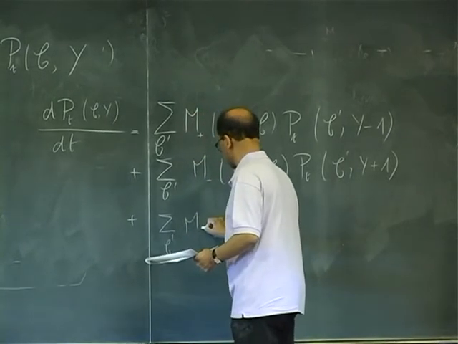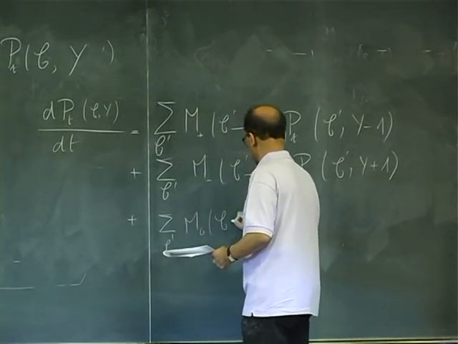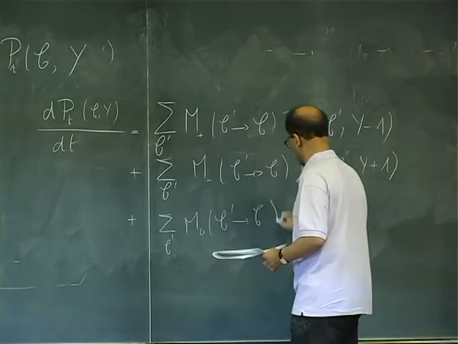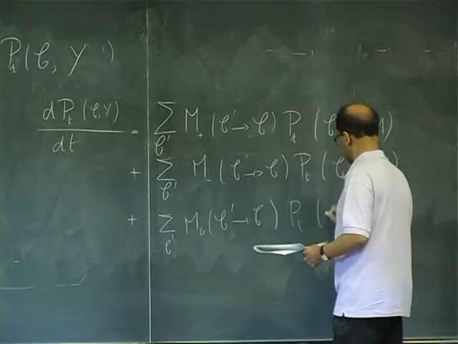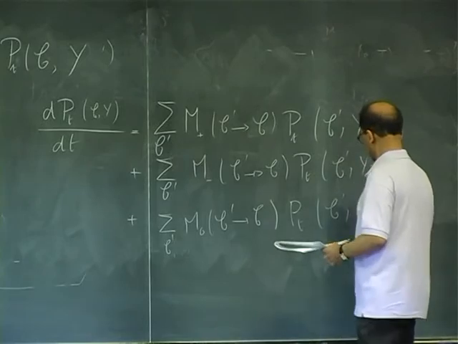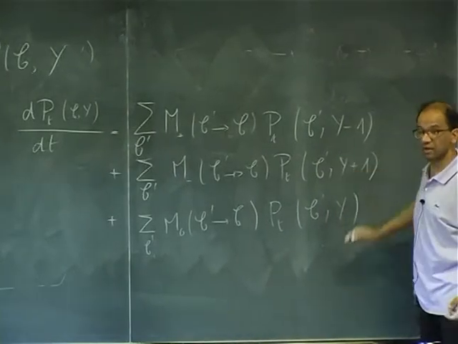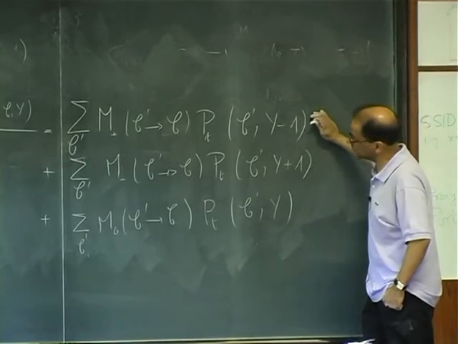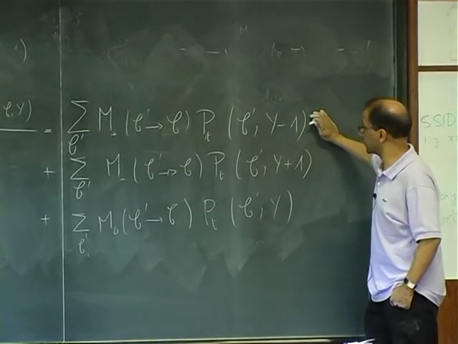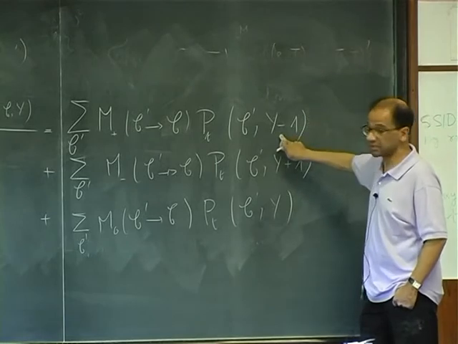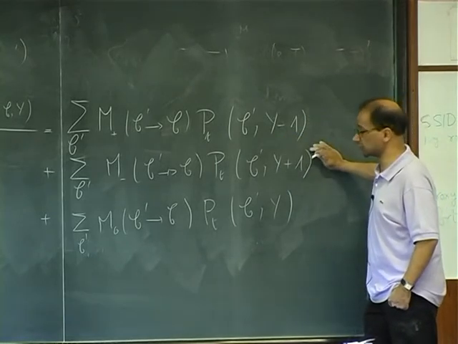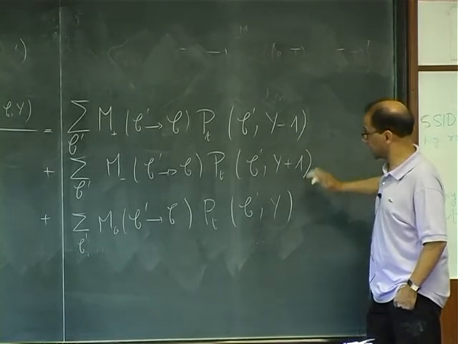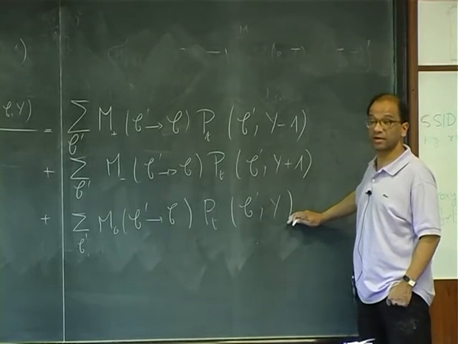So in fact, C prime is equal to C here. But okay, let's write it in very general terms. So I have split my Markov operator into three parts. These are the jumps where, going from C prime to C, one particle has gone forward. So y has been incremented by 1. These are the jumps where one particle has gone backward. And here are the jumps where no particle has moved.